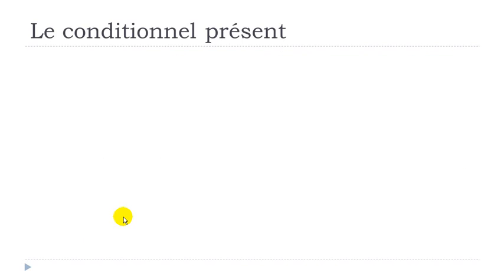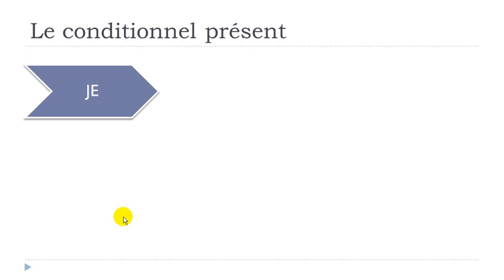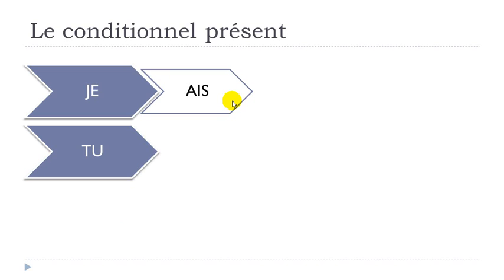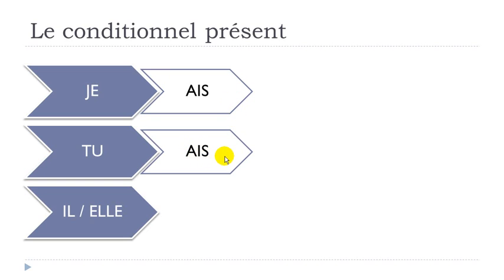Okay, so the endings now. So we saw previously that the ending for je will be AIS, okay? The ending for tu will be, well, the same, AIS. The ending for il, elle will be AIT, okay?